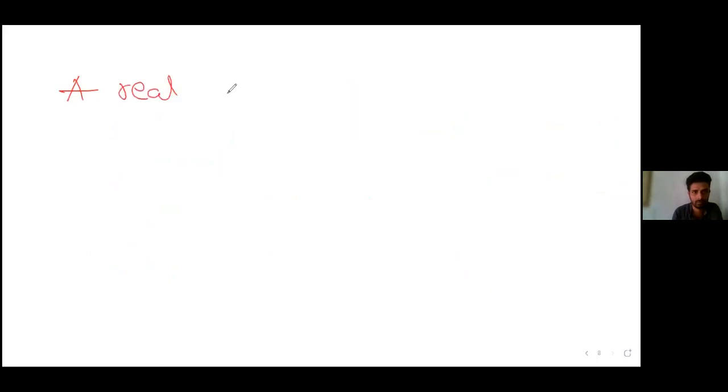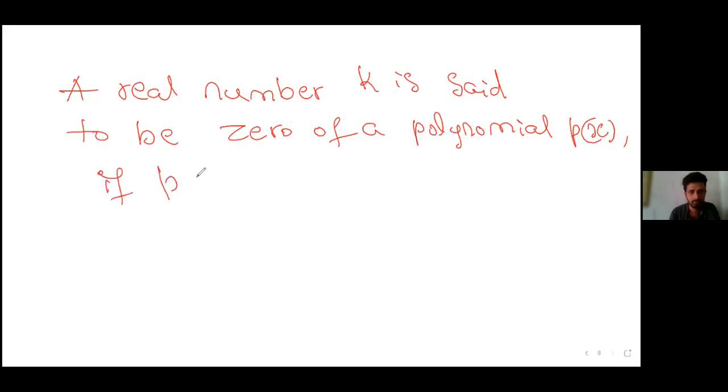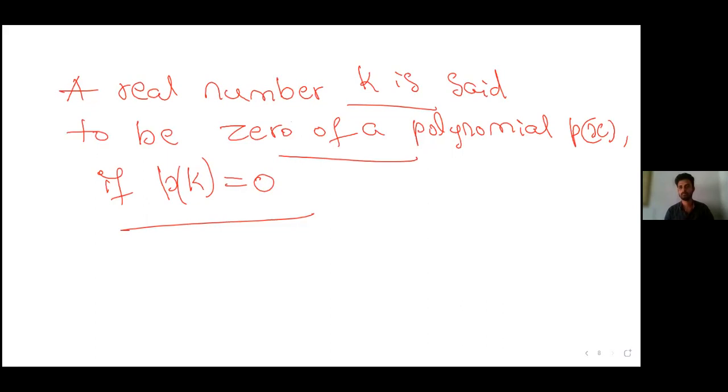A real number k is said to be a zero of a polynomial p of x if p of k is equal to 0. Remember this. Okay.